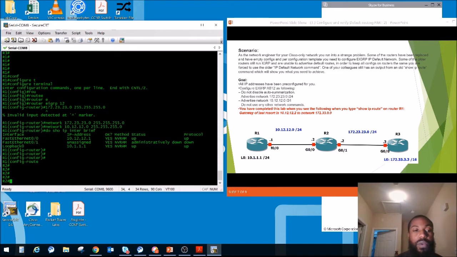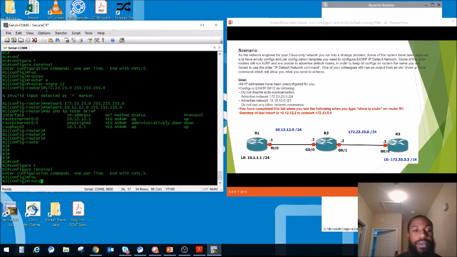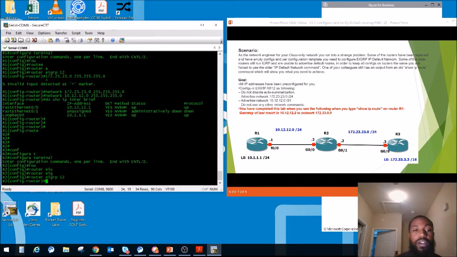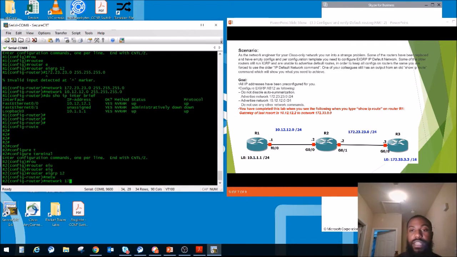So we need to configure terminal, router EIGRP process number 12, network. Let's go ahead and do the 10 network first so we can see EIGRP build.